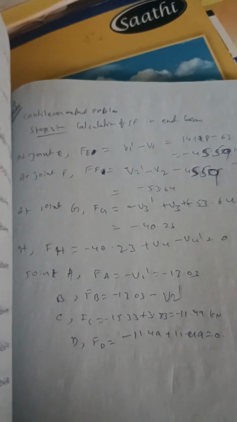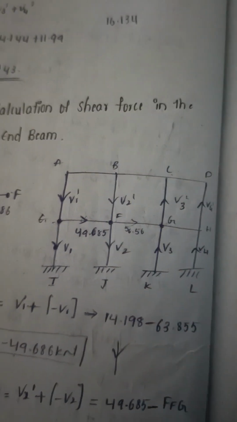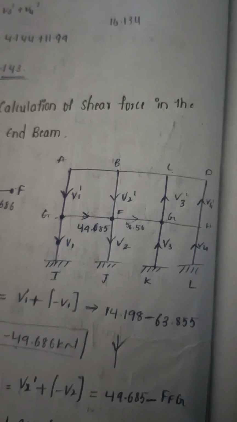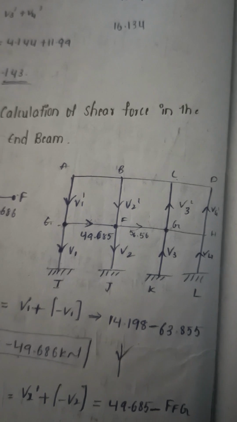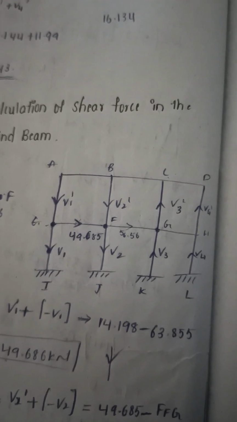Next, at joint F, this 45.59 is coming from the left side, from E. So as it is, we need to take the value minus 45.59, next plus V2 dash minus V2, because V2 dash is entering, V2 is leaving.